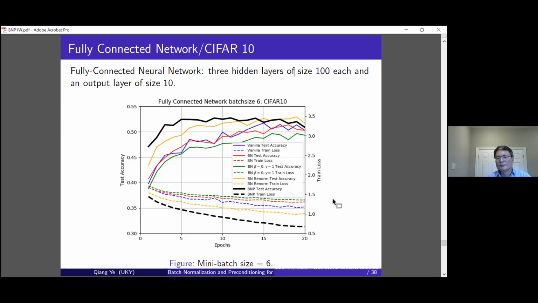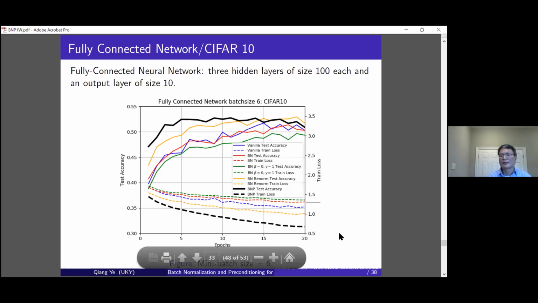The blue line is the vanilla network with no normalization, and the red line is BN. For this test with a small mini batch size of 6, BN is actually doing worse than the vanilla network. And the black line is the BNP.